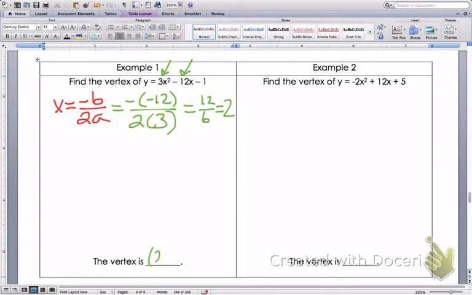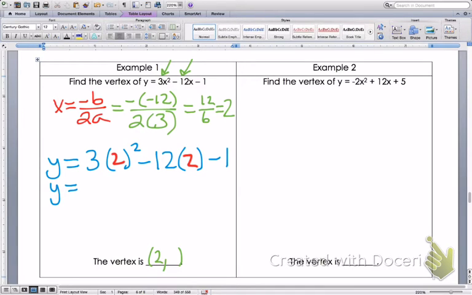So our vertex is 2 comma something. Let's go ahead and figure out our y value. The y value, you just plug the 2 back into the equation. So we have 3x squared minus 12 times x minus 1. And all we do is plug in that number 2. From this point, it's just a matter of simplifying and simplifying correctly. Always do the exponent first. So that's been taken care of. 12 times 2 is 24 minus 1.